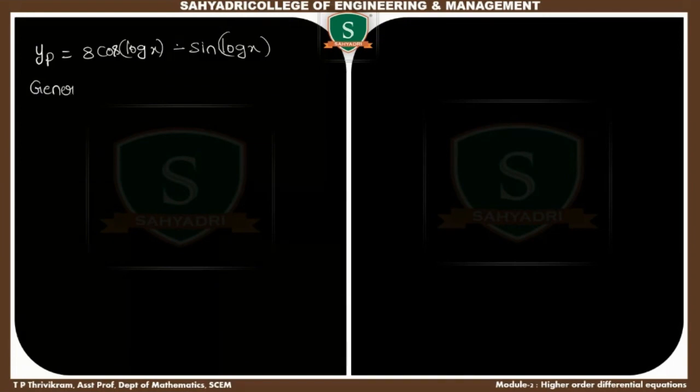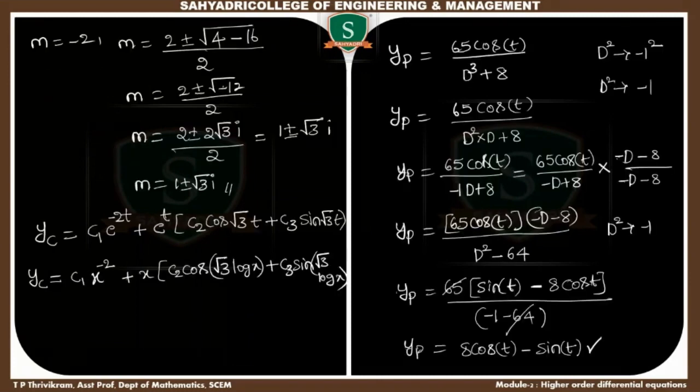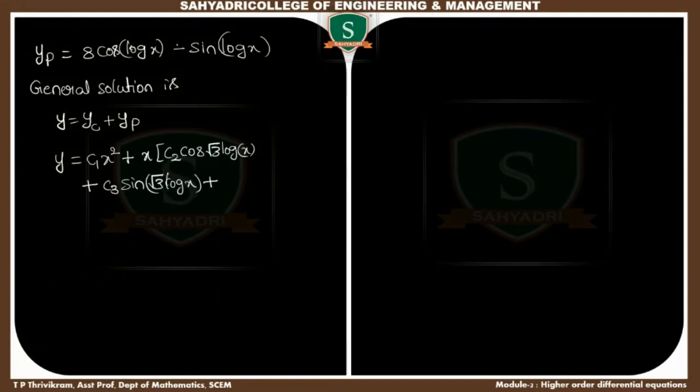So the general solution is y is equal to yc plus yp, which is nothing but y is equal to yc. yc is quite big, that is c1 x square plus x into c2 cos root 3 log x, plus c3 sin root 3 log x, plus 8 cos log x minus sin log x.